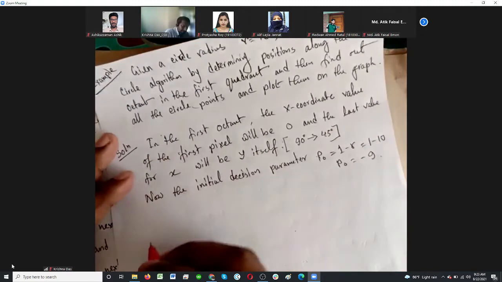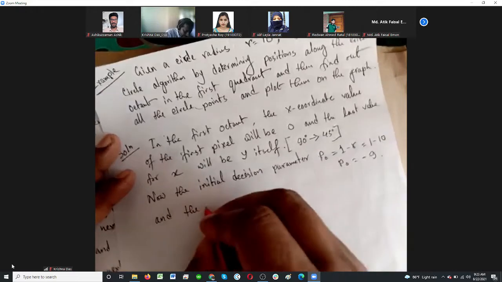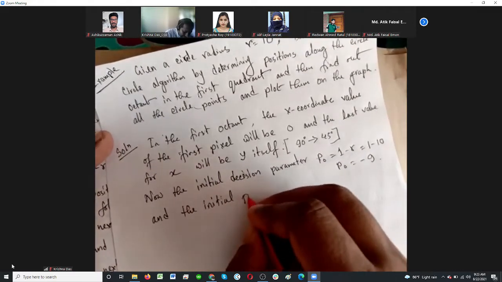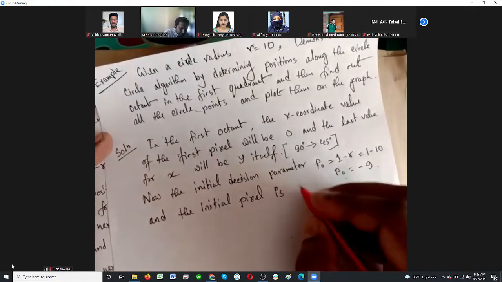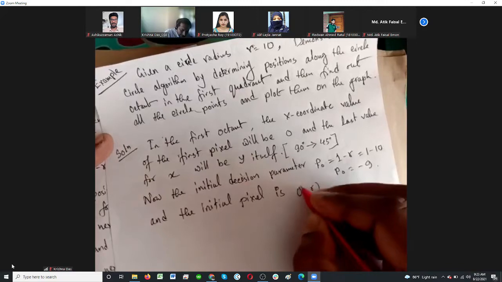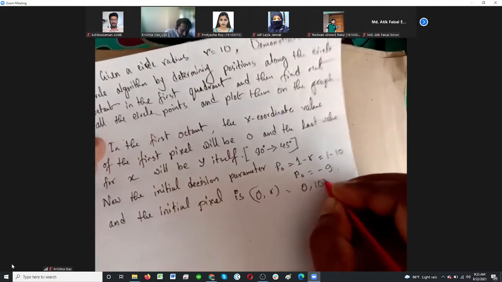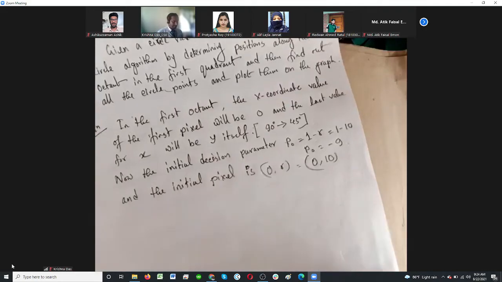And the initial point, or the first pixel, is 0, R, isn't it? That means 0 and 10. This is my first point, or we can say x naught, y naught. Okay.